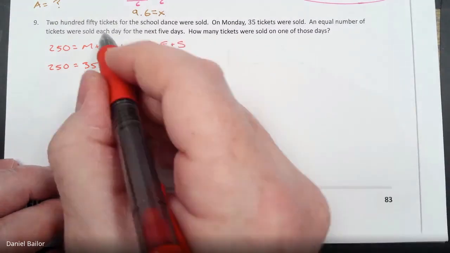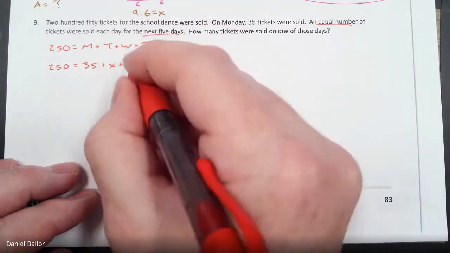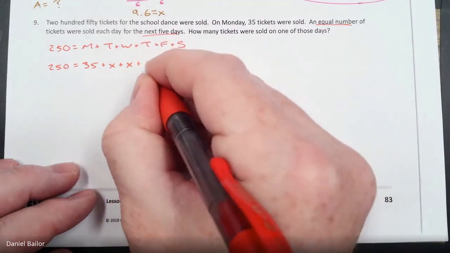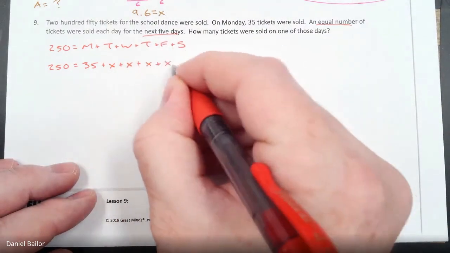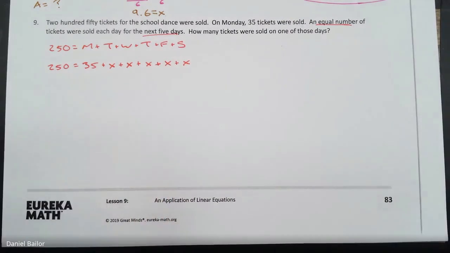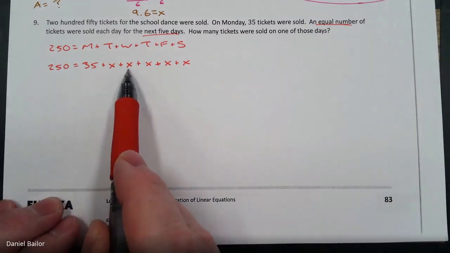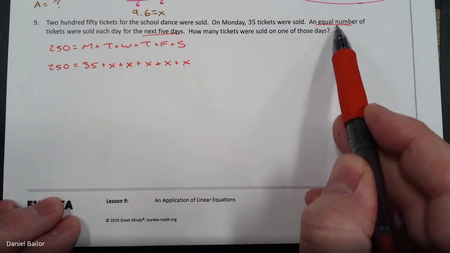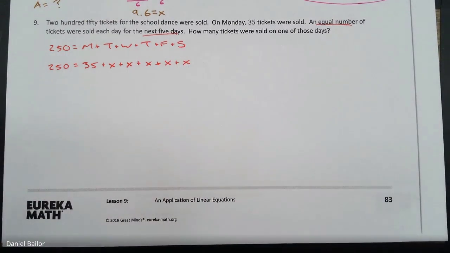And because it was the equal number for the next 5 days, that means Wednesday also sold X, and Thursday sold X, and Friday plus X, and Saturday plus X. So 250 tickets means 35 on Monday and X for the next 5 days because it has to be an equal number. So all 5 days is just going to be equal to X.